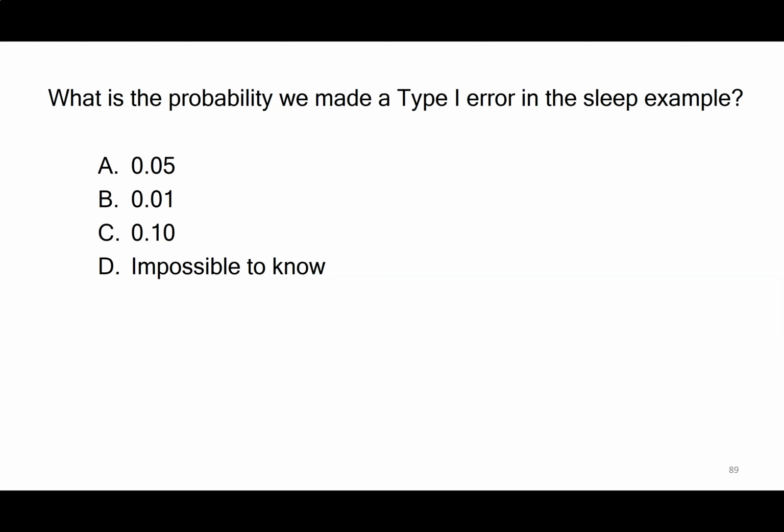Okay, so what is the probability we made a type 1 error in the sleep example? So type 1 error, as a reminder, is when you reject a null hypothesis when the null is actually true. And we usually don't have any way of knowing whether or not it's actually true.